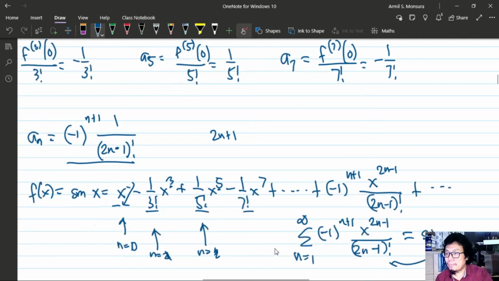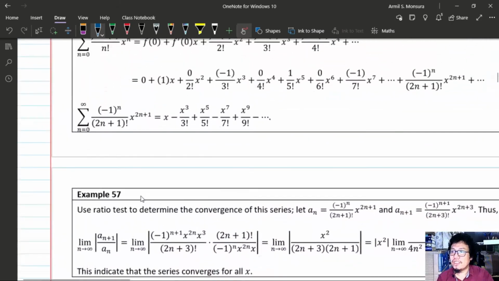For example, I think the example here started at 0. When it started at 0, the exponent of your negative 1 is simply n, not n plus 1.